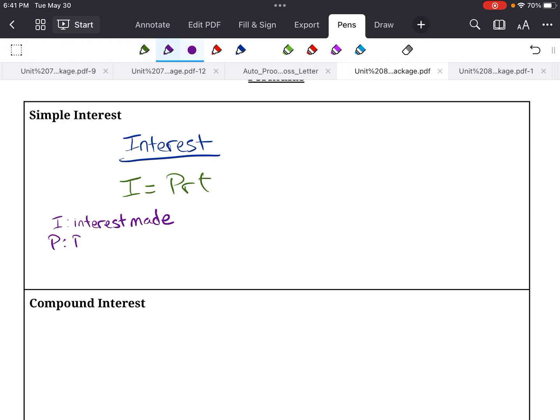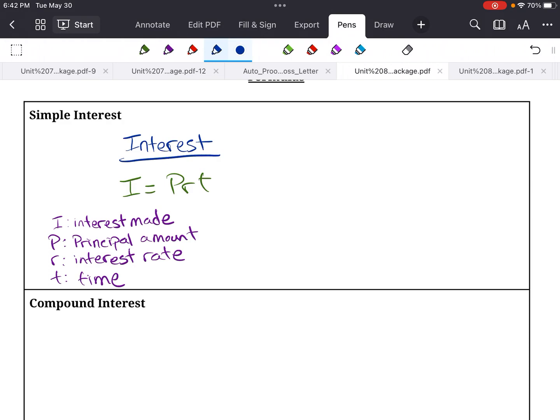P is the principal payment, or the principal amount, so that's how much money you're putting into the account. R is the interest rate. And T represents time.